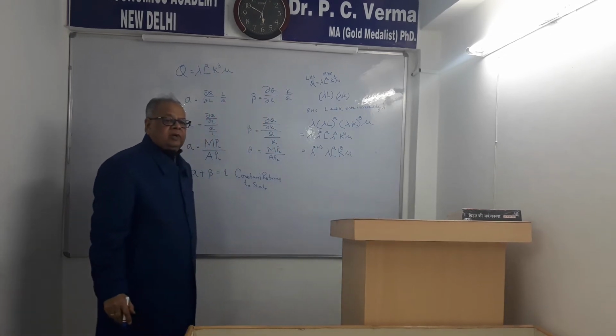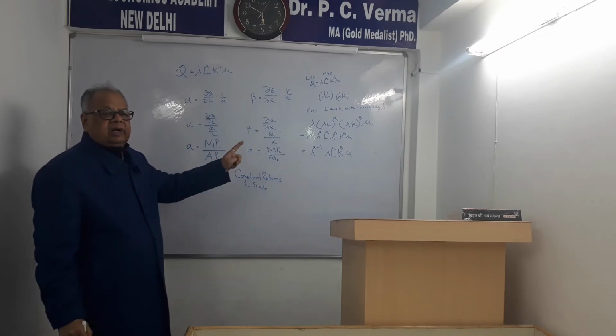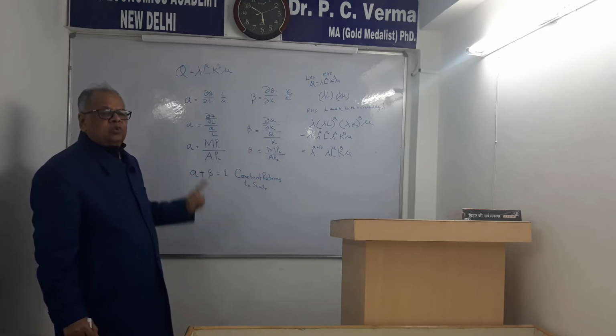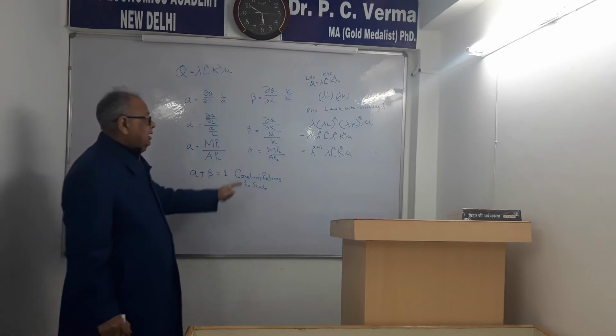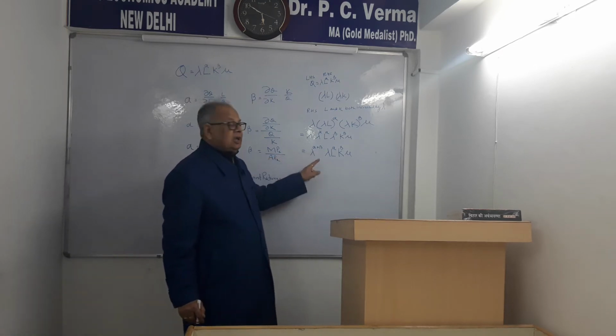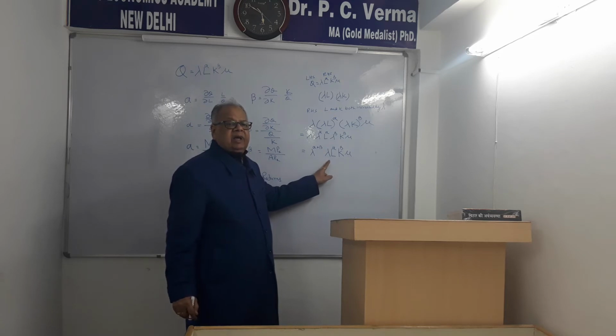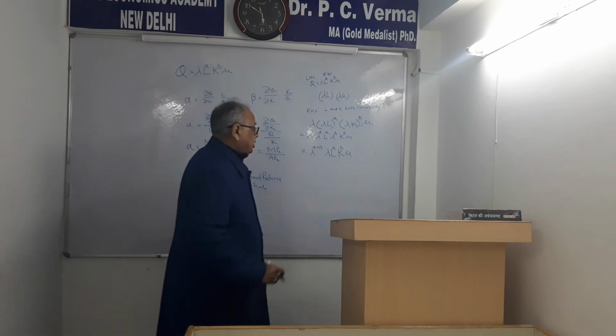Next step, take lambda to the power alpha and beta, both powers will be added, and you will write one lambda with power alpha plus beta. And then the remaining, write like this: L to the power alpha K to the power beta mu.